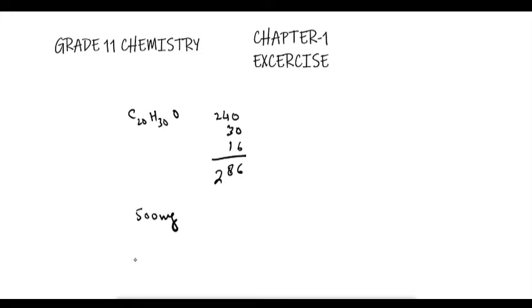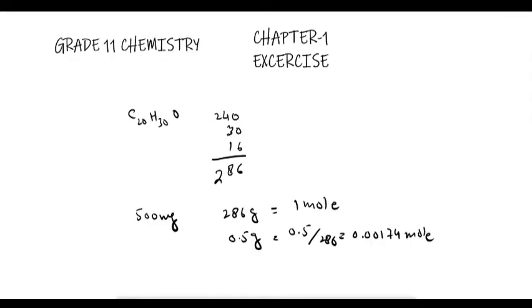So which means that 286 grams is equal to 1 mole of vitamin A. And if you convert 500 milligrams into grams, this is equal to 0.5 grams. And this would be equal to 0.5 divided by 286, and which is equal to 0.00174 moles.